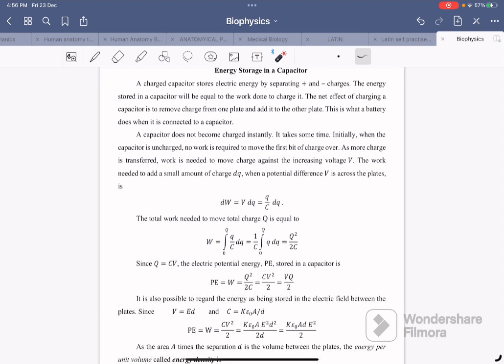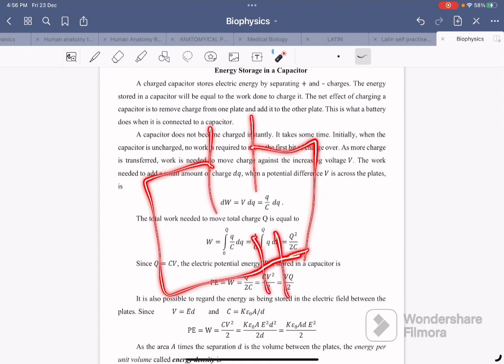So work done is denoted by integration to the point of consideration, which is the origin. It could be to the consideration, which is q, minus q. This is positive q.